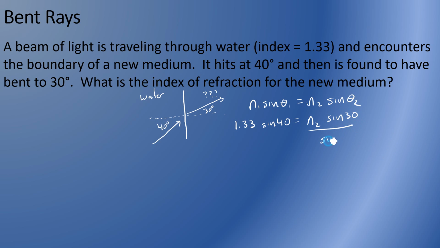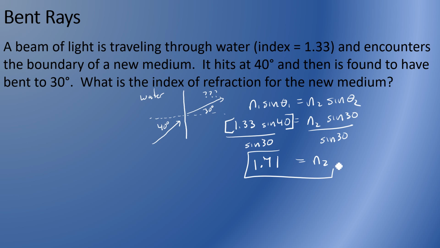So I'm going to divide both sides by sine of 30. And again, I'm going to make sure I type this numerator, all of it, first. Then I'm going to divide by the sine of 30. And I get 1.71 after rounding.